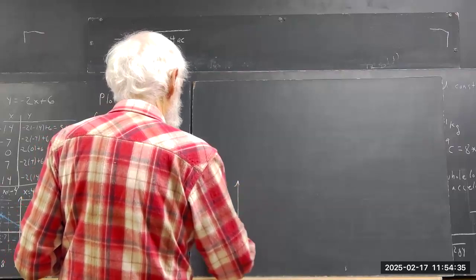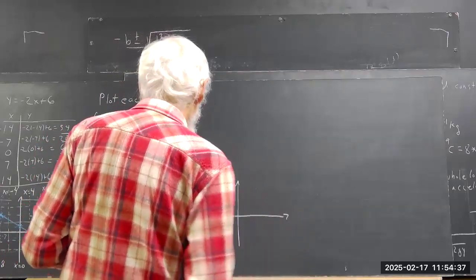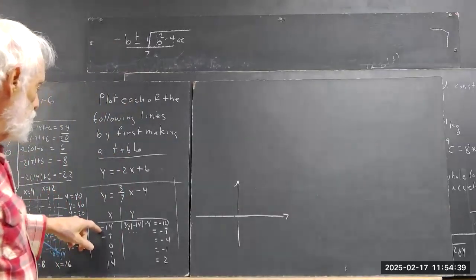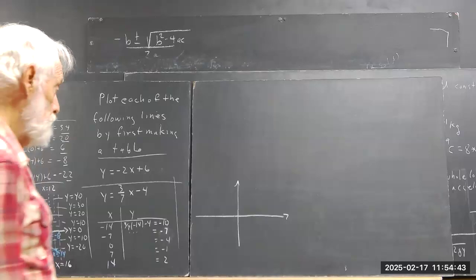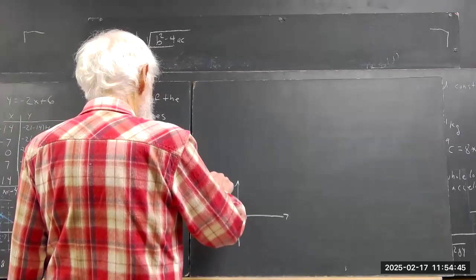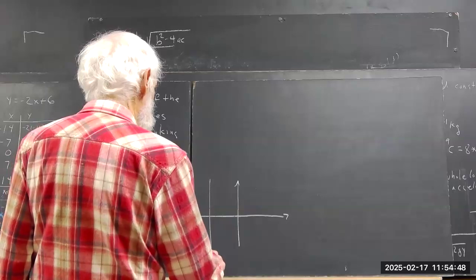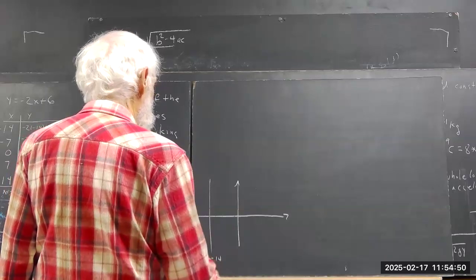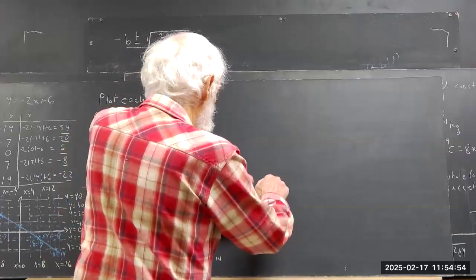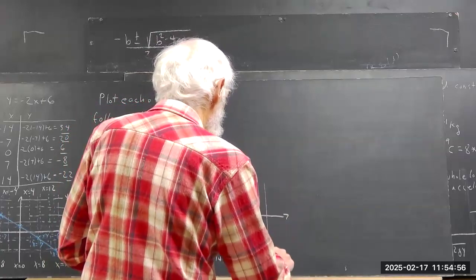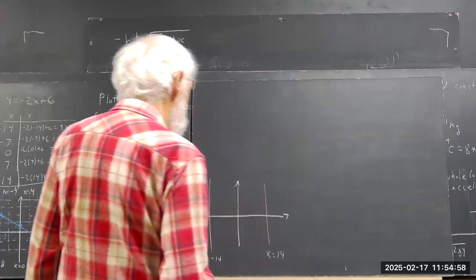Here's a set of coordinate axes. Our x values go from negative 14 to 14. Here's x equals negative 14. And then I go this distance from the other side of the axis. That's got to be where x equals 14.